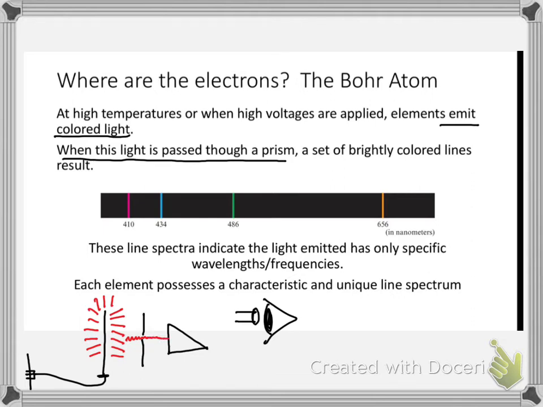Now here's what happened. Different colors of light travel through the prism at different speeds and refraction. So what happens then is, and I'm not really doing it in any certain color, which I could if I had enough colors on my iPad. So let's see, it came out a pink one.